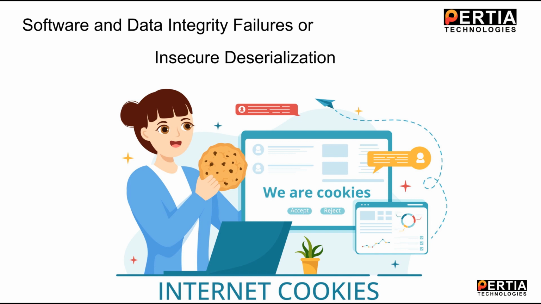An attacker can send a malicious cookie with tampered data, and the server, without proper validation, deserializes this malicious cookie, and the malicious data can contain harmful instructions or code. And what is the consequence of it? The server unknowingly executes the malicious instructions, and it leads to potential security breaches.